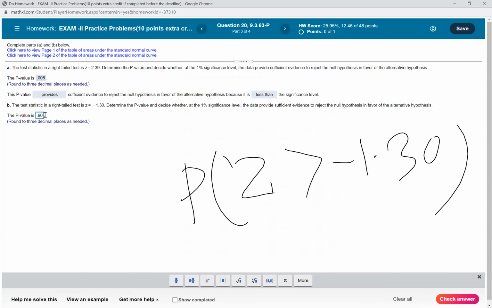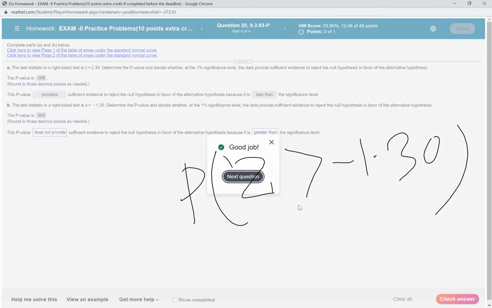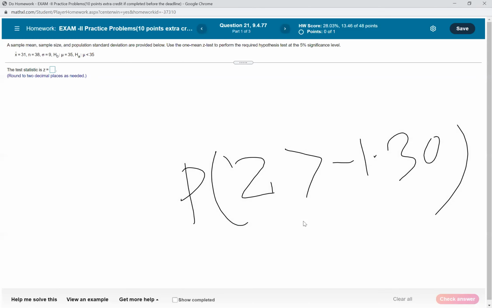So the p-value is 0.903. Oh, geez. The p-value is too large. It is not small. So the data does not provide sufficient evidence; we fail to reject.